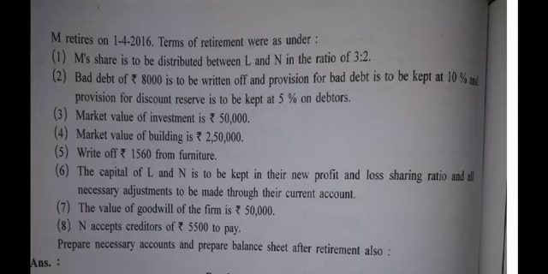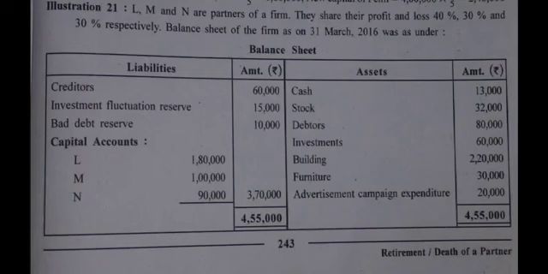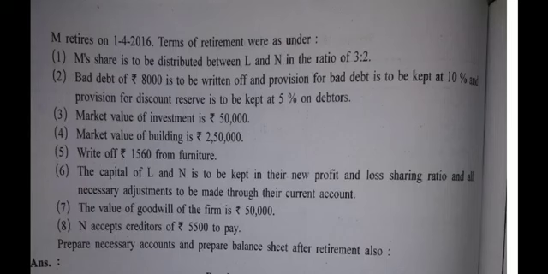Market value of building is rupees 2,50,000. What is its book value? The book value of building is 2,20,000. What is its market value? 2,50,000. Of course, the value of an asset has increased here.